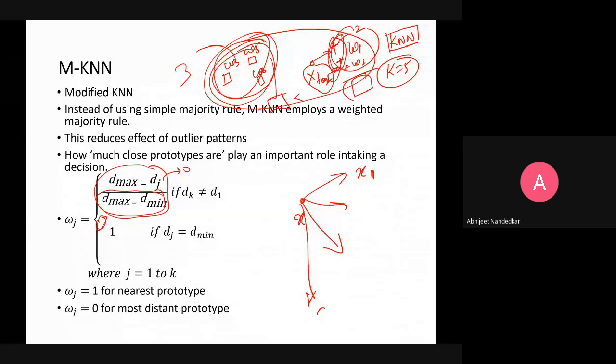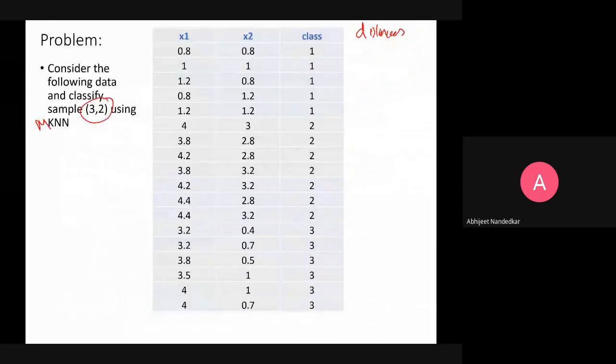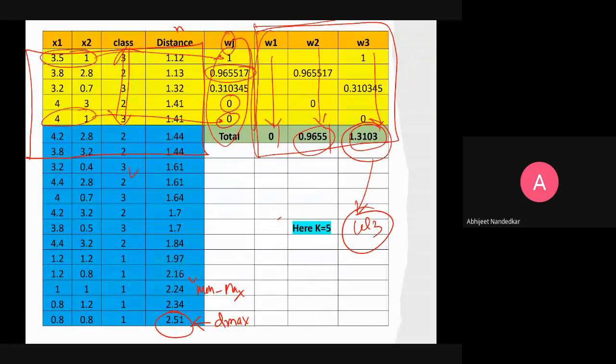So that's why this modified KNN is proposed. But obviously, when you have more accuracy or more advantages, then you have a disadvantage of more calculations. So you have to have more calculations to take this kind of decision using modified KNN.